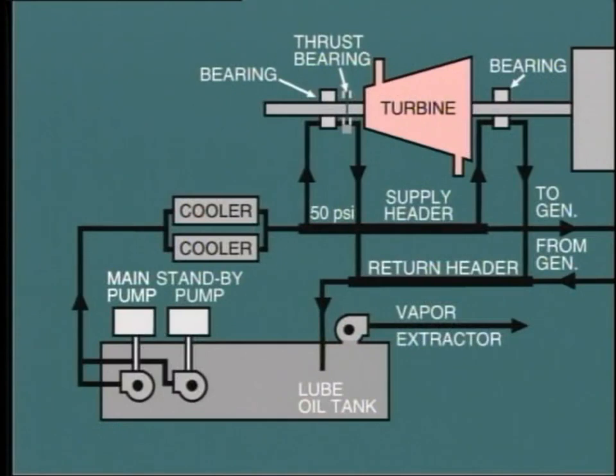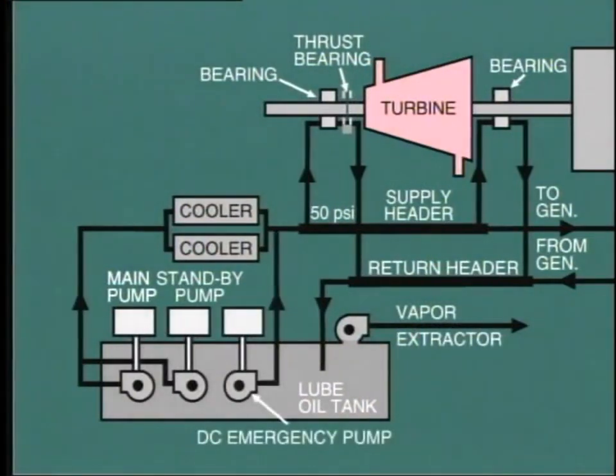We'd then be faced with the prospect of the turbine generator running down without the circulation of lube oil, a condition that could conceivably damage all of the bearings. In order to prevent this potential disaster, many machines are equipped with a DC oil pump, which would be fed from the station battery in such an emergency.